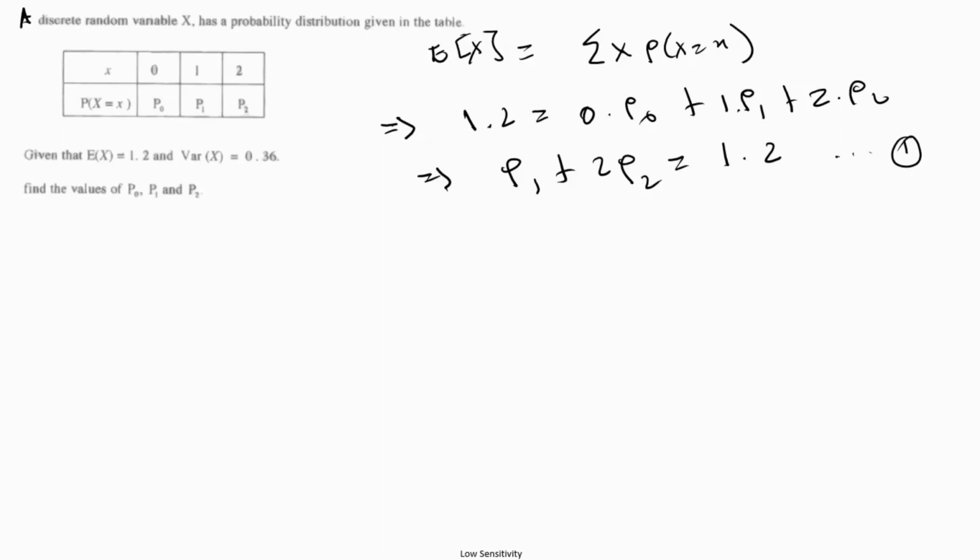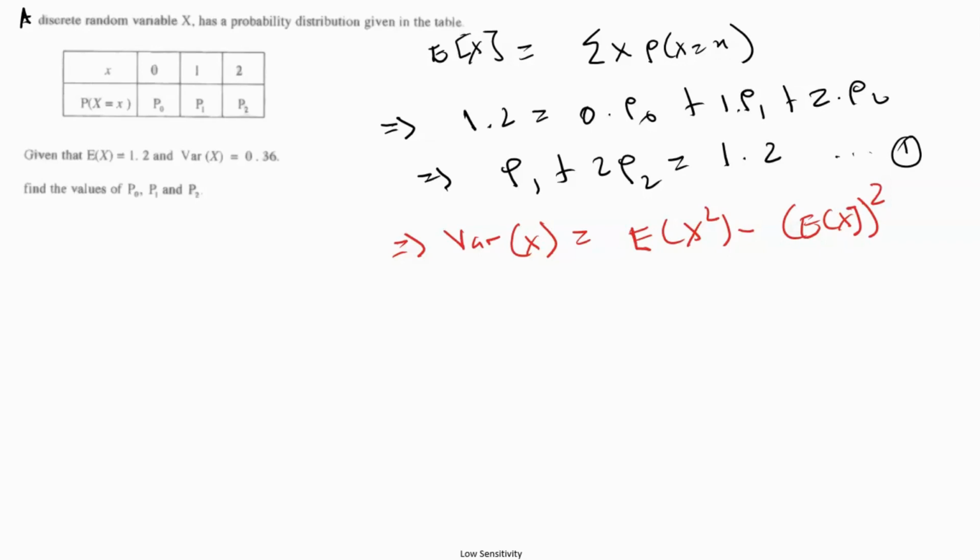Then we are also told the variance of x, which we can rewrite as the expectation of x squared minus the expectation of x, squared.